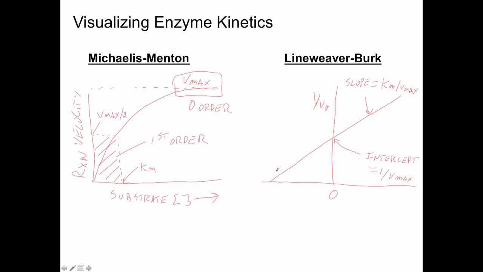And where the line intersects the x-axis, and the x-axis, by the way, is 1 over the concentration of substrate, this intercept is equal to minus 1 over Km. And while you can see this is a little bit more complicated, it actually does make it easier to compare different enzymes and their affinity for substrate.